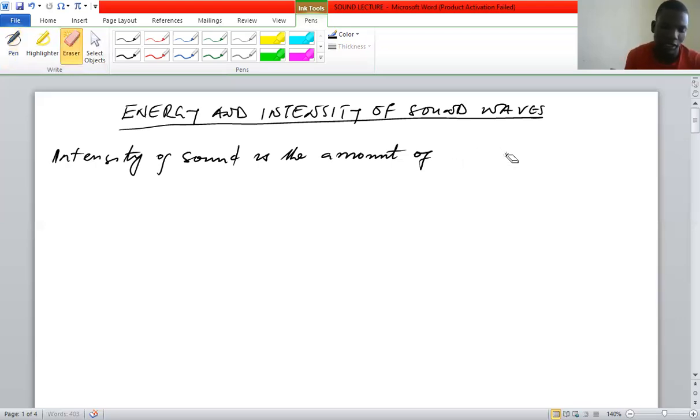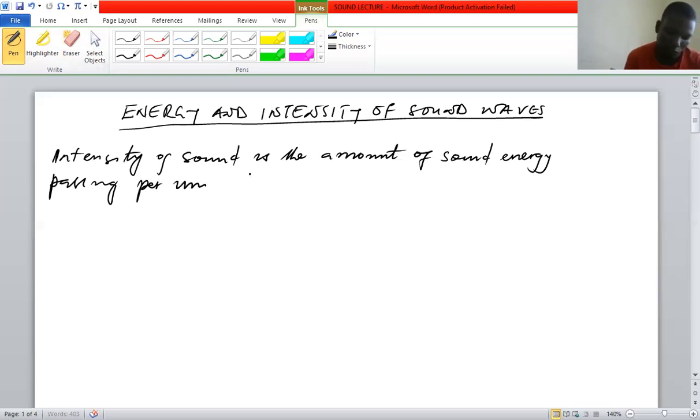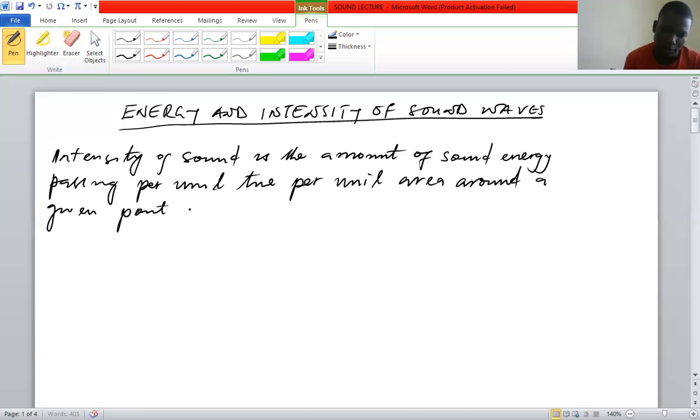It's amount of sound energy, not just energy, passing per unit time around that point in a perpendicular direction.